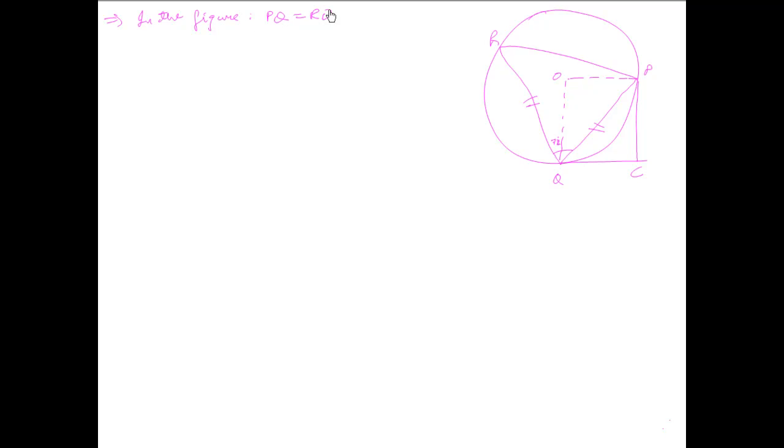PQ is equal to RQ, angle RQP equal to 72 degrees, PC and QC are tangents, circle with center O. The angles obtained by chord PQ at the center, that's this angle we need to find out, children, and angle PCQ. So calculate angle POQ, angle PCQ.